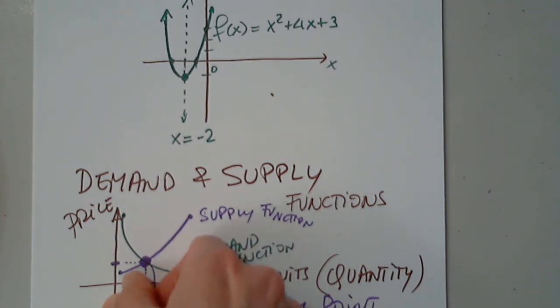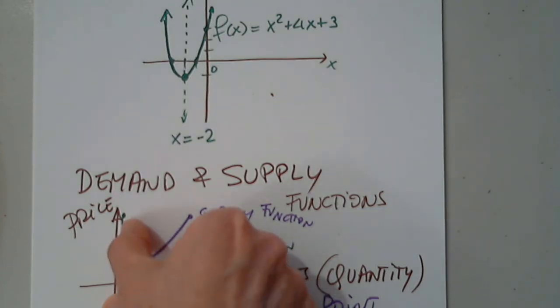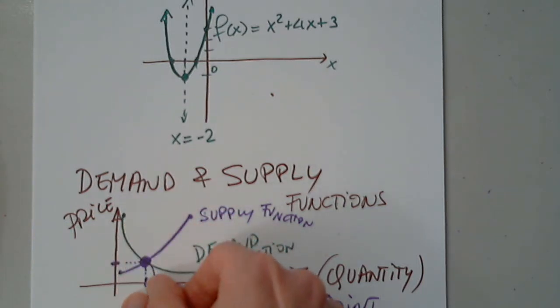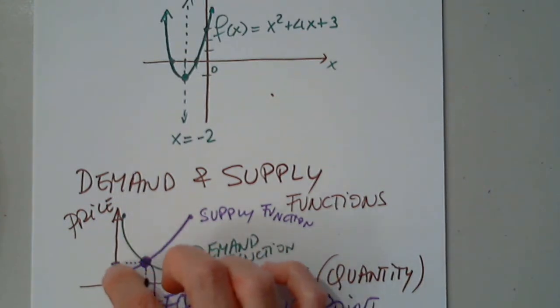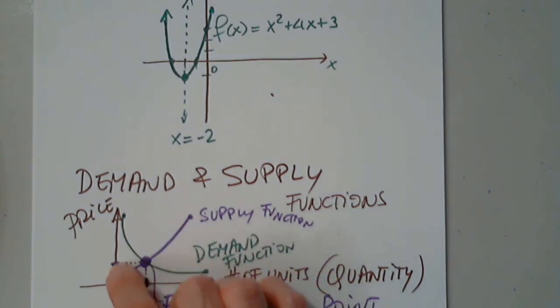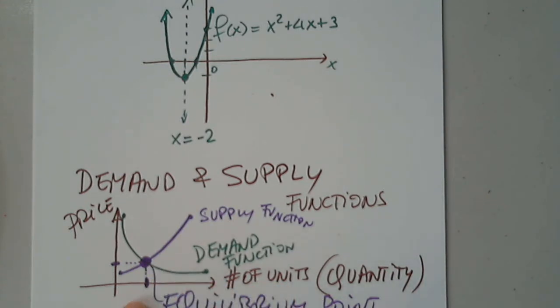I'm just going to buy 10 gallons per month because that's all I can afford at the price of 5 or 6 a gallon. But if the price decreases to, I don't know, $2 a gallon, then I can afford to drive more. I can afford to buy more gallons of gas. Does that make sense? Is it better? I think so. Okay.